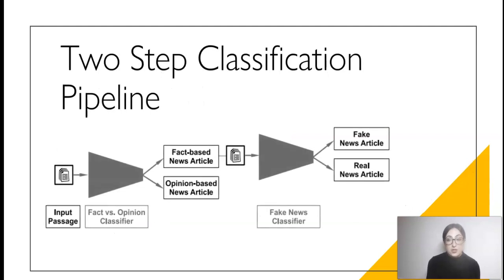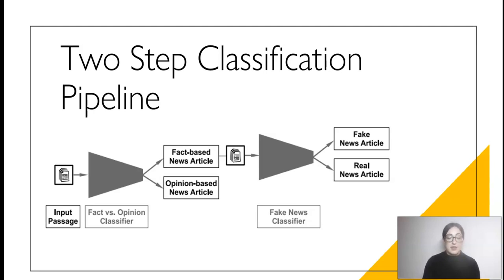So the solution, a potential solution that we propose, is this two-step classification pipeline. In this pipeline, we have two classifiers, the first of which being a fact versus opinion classifier, followed by the actual fake news classifier. So how this works is you take your input passage, so you take your news article.